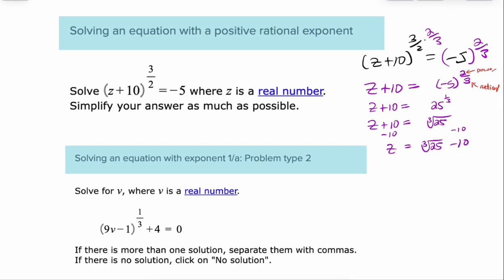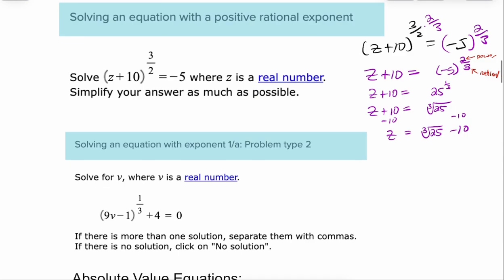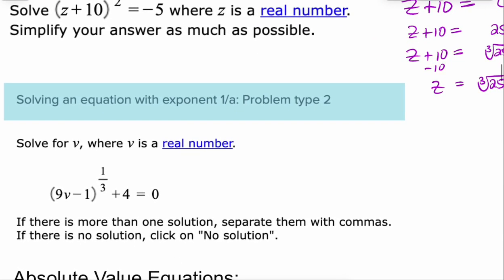Okay. Now let's do it again. We have one more of these. And we're going to subtract 4 from both sides. Okay, so we're going to stop.